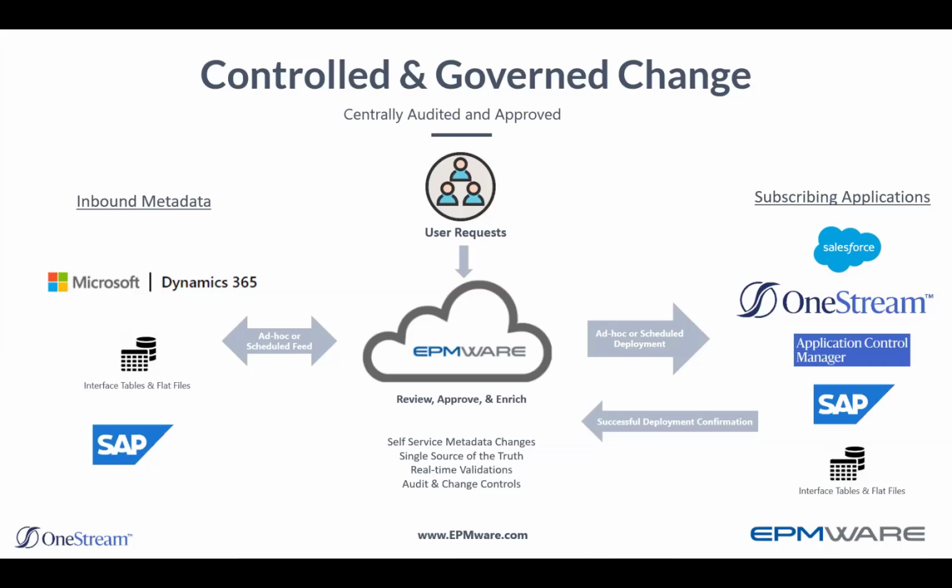So all in all, whether the metadata is coming from an inbound source or whether it's coming from an end user who's authoring that change, there is a closed loop of metadata, how it's consumed, how it's enriched, and then when it is successfully consumed by the target application.